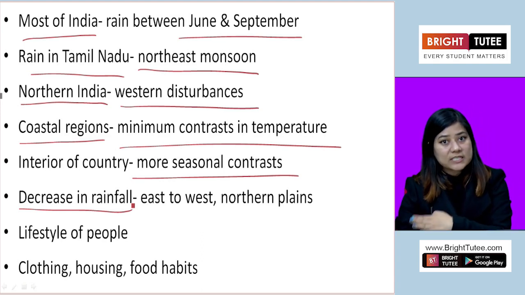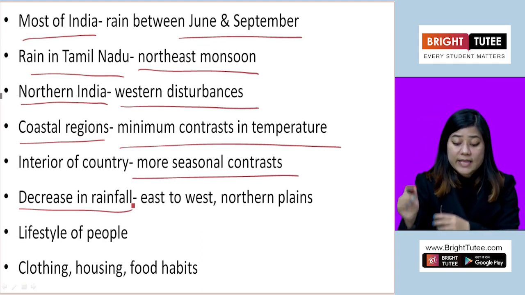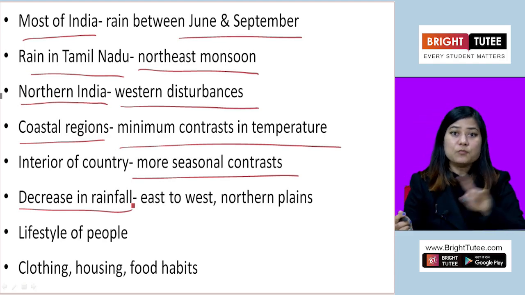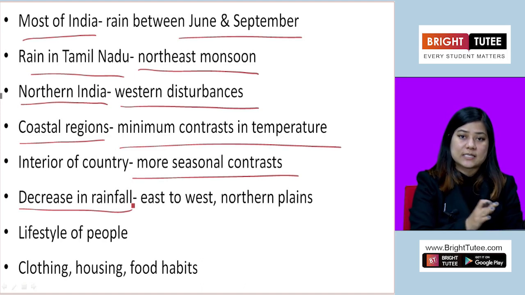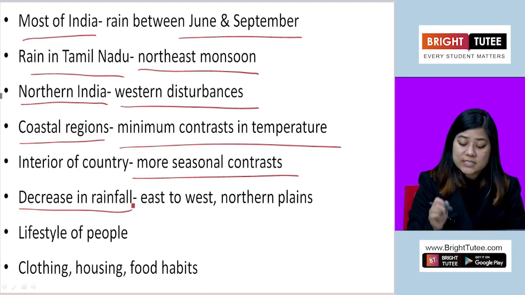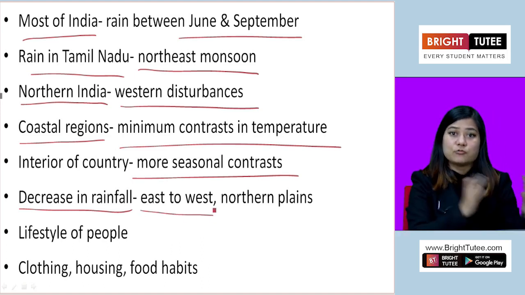In a similar manner, the rainfall which India receives is not the same. If you go towards the east, Meghalaya, Shillong, there the rainfall is heavy. But if you move from east towards the west, towards Rajasthan, the rainfall is scanty, very less. So the rainfall decreases from east to west.